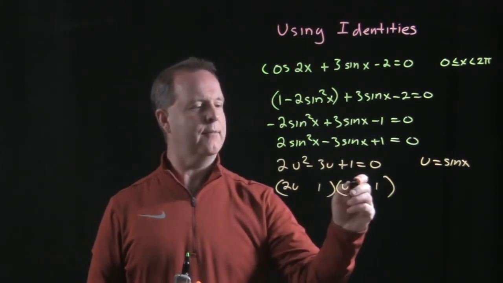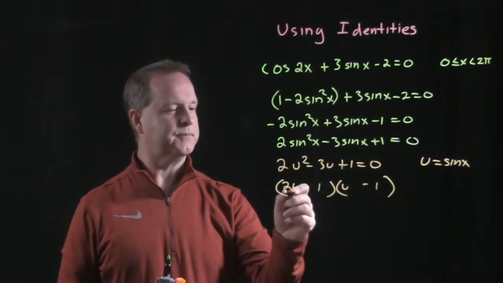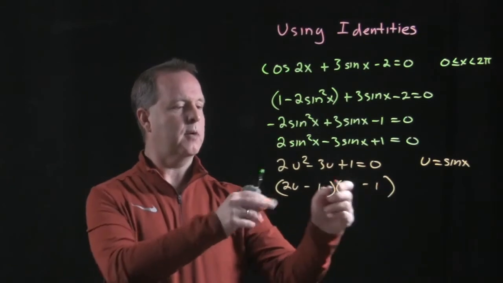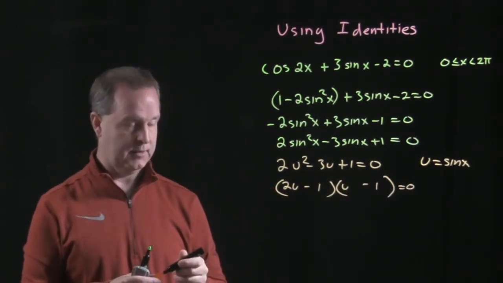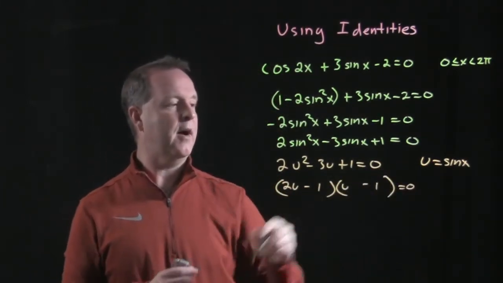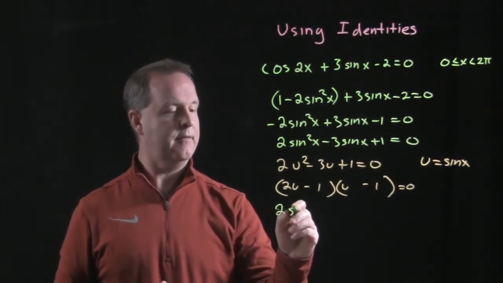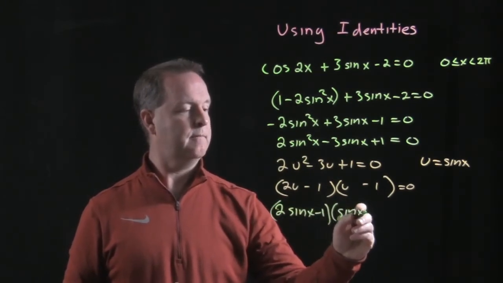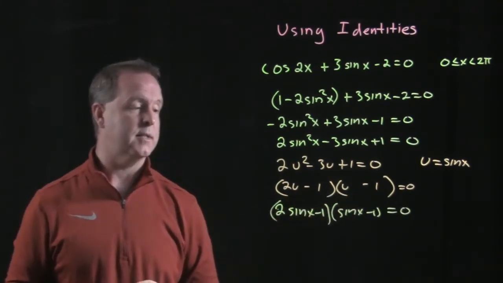Just wasn't looking right. Negative 1 and negative 1. Almost forgot how to factor. And so u minus 1, 2u minus 1, that makes the middle term a negative 3u. Just sat there and stared at it forever. Finally, it kind of clicked. Then we can substitute my value for u back in. So I would have 2 times the sine of x minus 1, and the sine of x minus 1 equals 0.